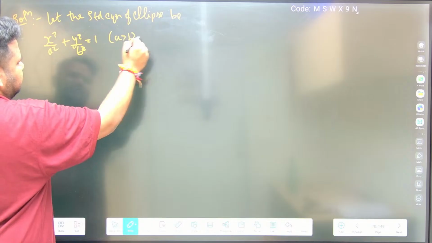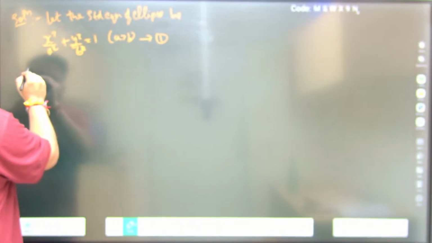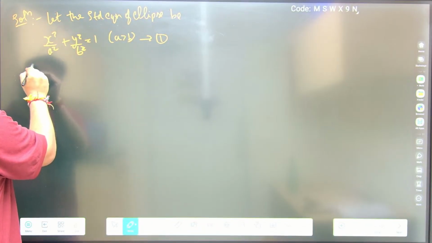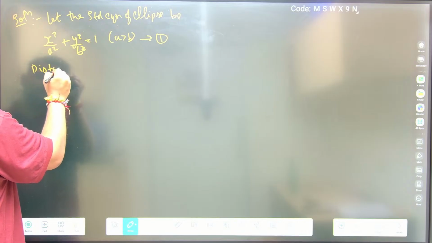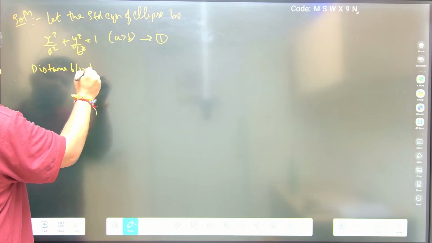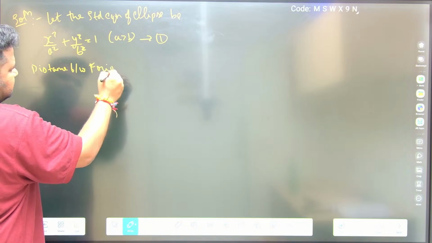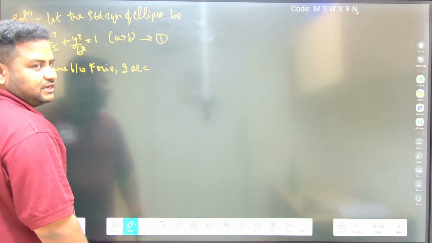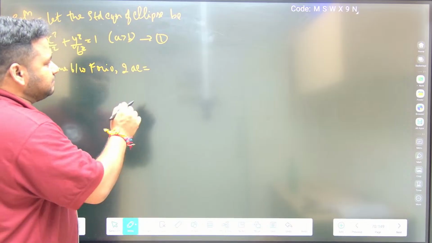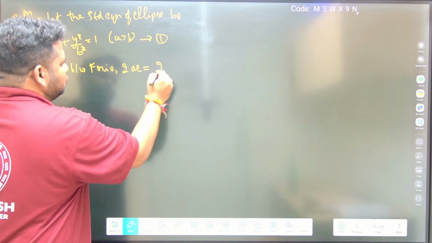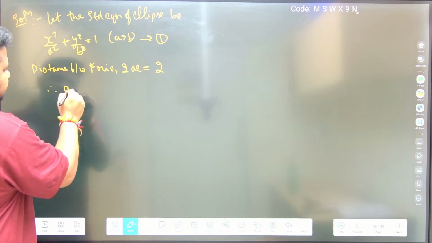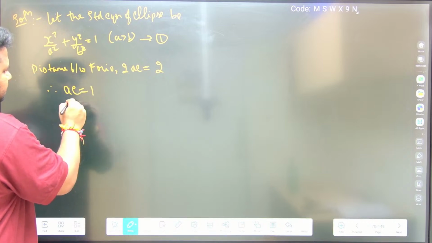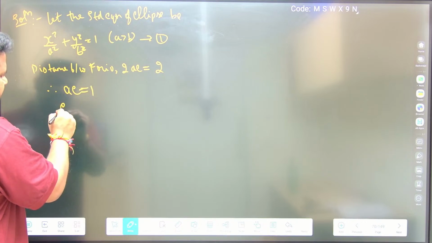Now given, the distance between foci is 2 times AE, from plus AE to minus AE. 2 times AE is given to be 2. So this implies AE is equal to 1.